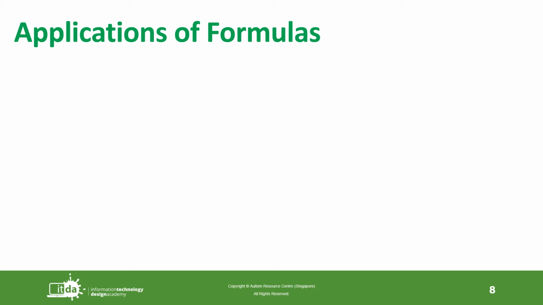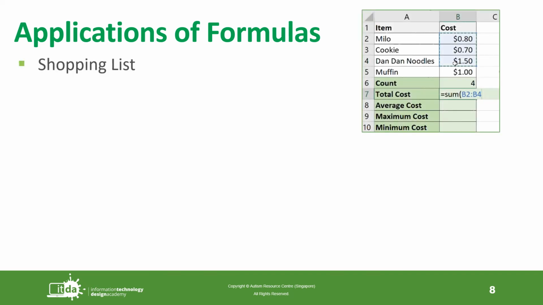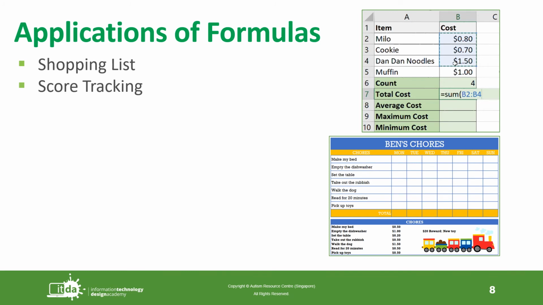What can we exactly do with formulas and functions? In Excel, there are a few projects you can try on your own. You can create a shopping list with a little bit of budgeting that helps you calculate how much you spend on your shopping and all the different details. You can also try your formulas in score tracking.